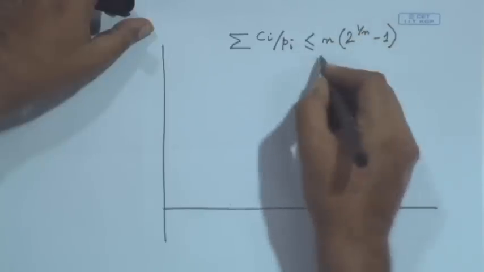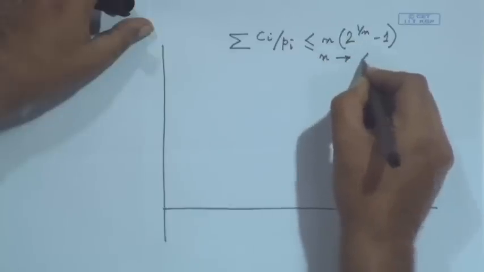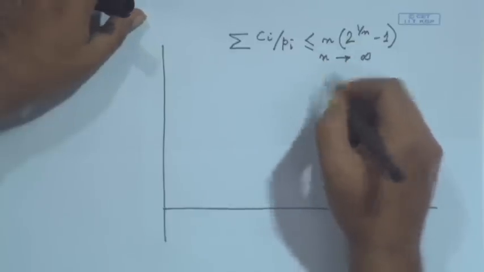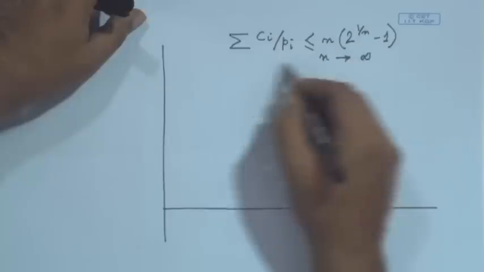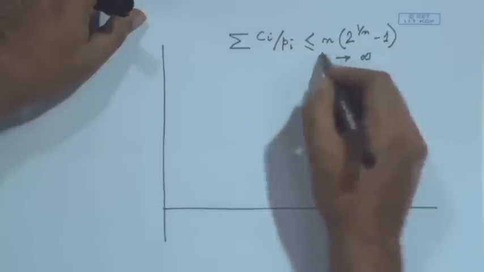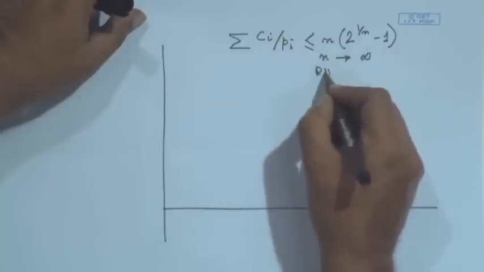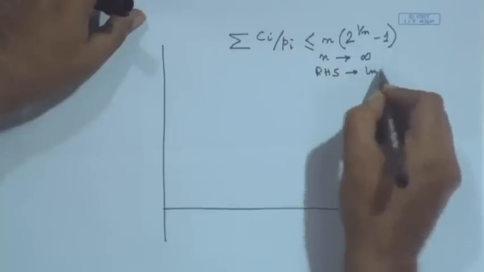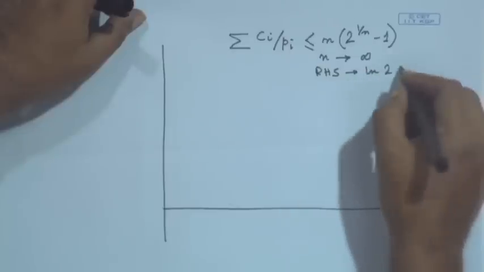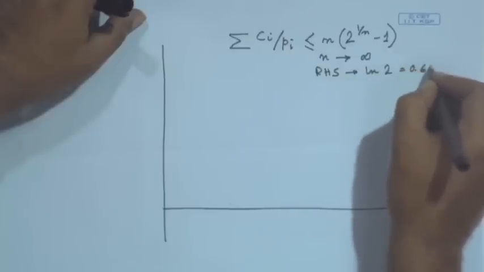Now, as n tends to infinity, this RHS tends to log of 2, that is around 0.69.